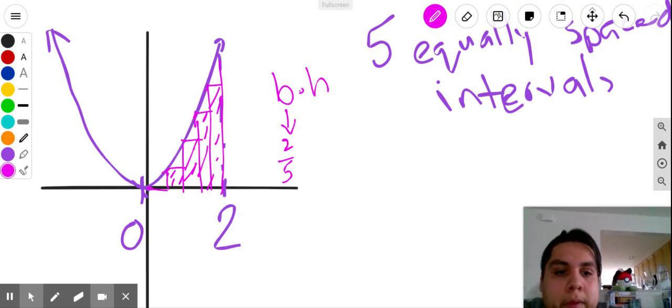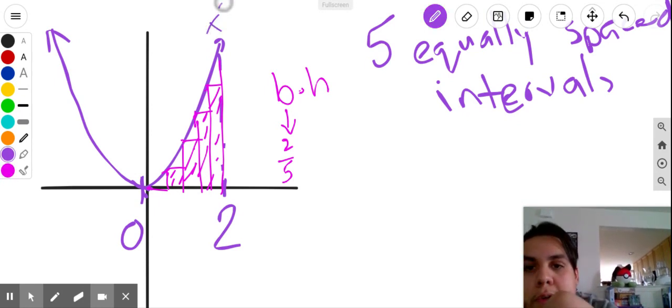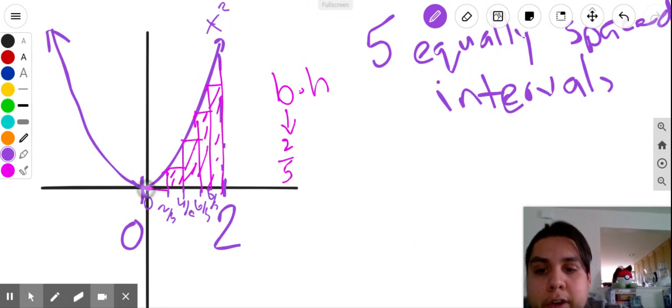The height depends on where it would be on the curve here. So here's what I have. I have the curve I was told was x squared. And I know these points are 2/5, 4/5, 6/5, and 8/5. And 0, of course. If I think about where I drew the rectangles, the first one started at 0 and went all the way across.